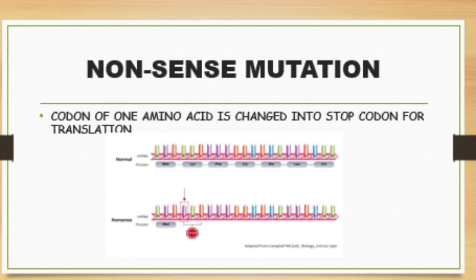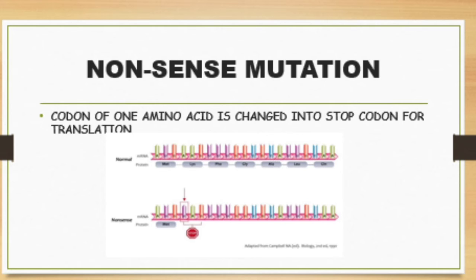Okay. The third is nonsense mutation. Mutation is nonsense, but all the sarcasm aside, nonsense mutation is when the codon for one amino acid is changed into a stop codon for translation. There are particular codons which are called stop codons.